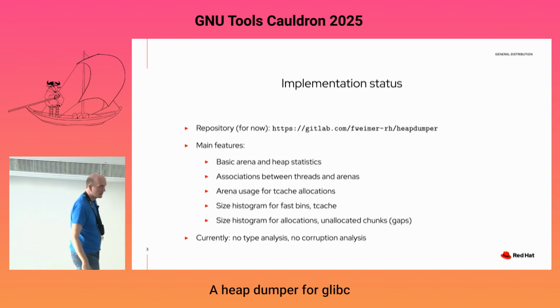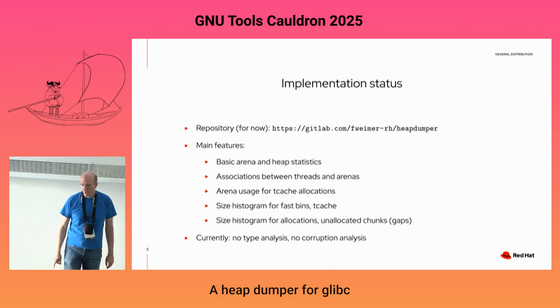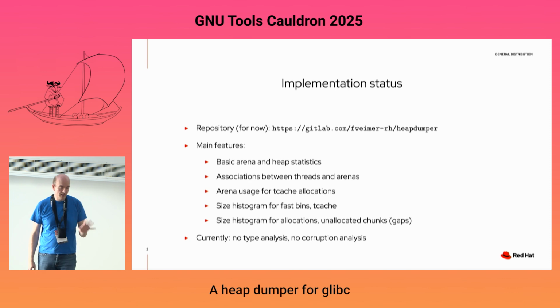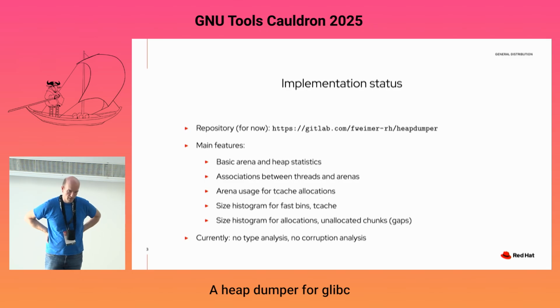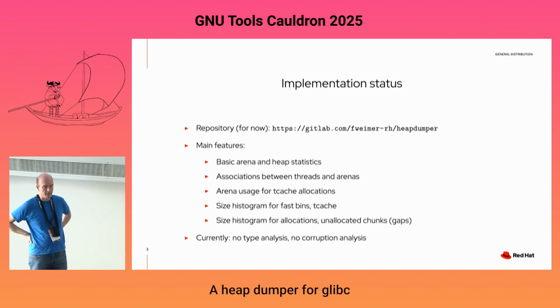For each thread, for each T-cache, we can show in which arenas the allocations are placed. We have some concerns that placing allocations into a T-cache that does not correspond to the arena that the thread uses may have impact on fragmentation, and that is why the tool has some statistics for that.